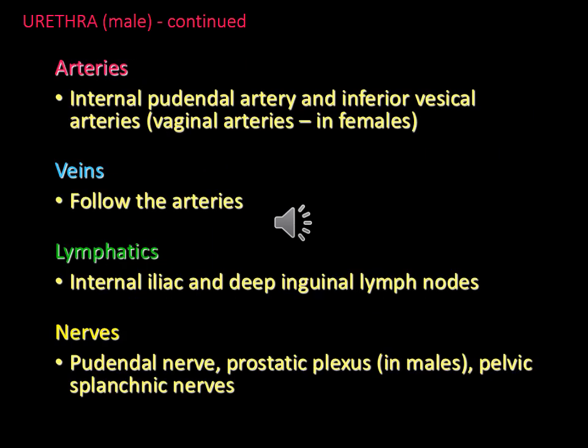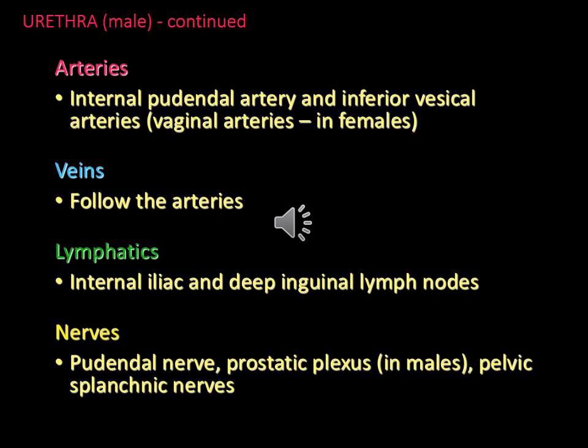Coming to the arterial supply, since it is starting from the urinary bladder, it will be supplied by the arteries of the bladder, that is inferior vesical, and in case of females, since the urethra is opening anterior to the vaginal orifice, the vaginal arteries also will supply, and these arteries are followed by the veins of the same name.